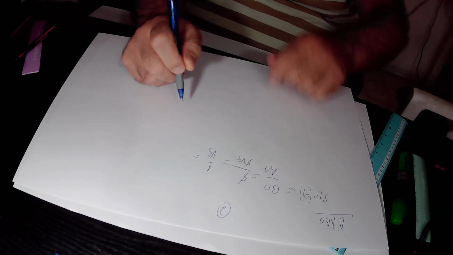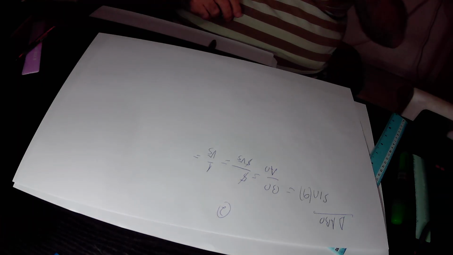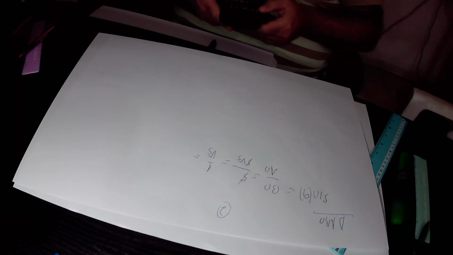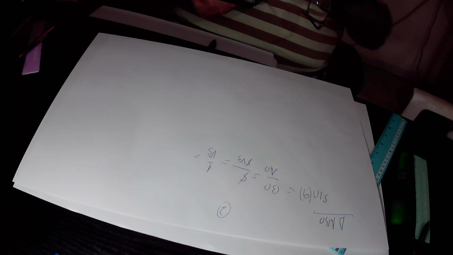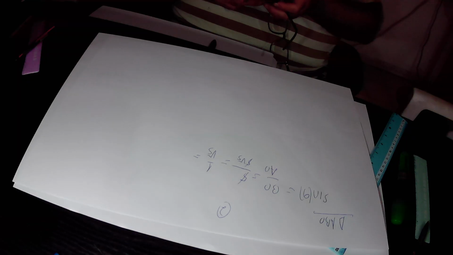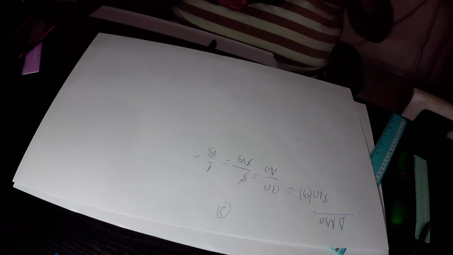So sine alpha equals 1 over square root of 5. In terms of numbers, it is equal to 0.4472.